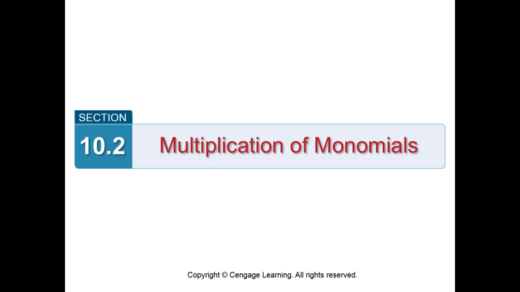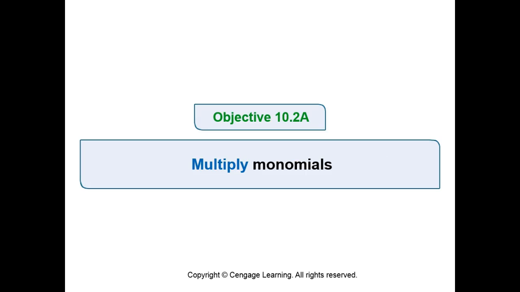So 10.2, multiplication of monomials. How in the world do we multiply monomials? Well, let's start with monomials. What would be equivalent to a monomial in a number?